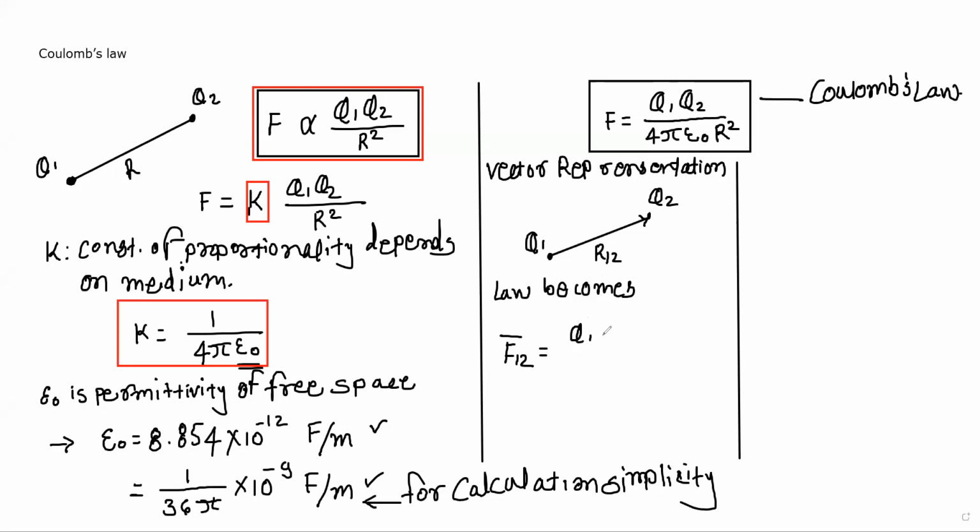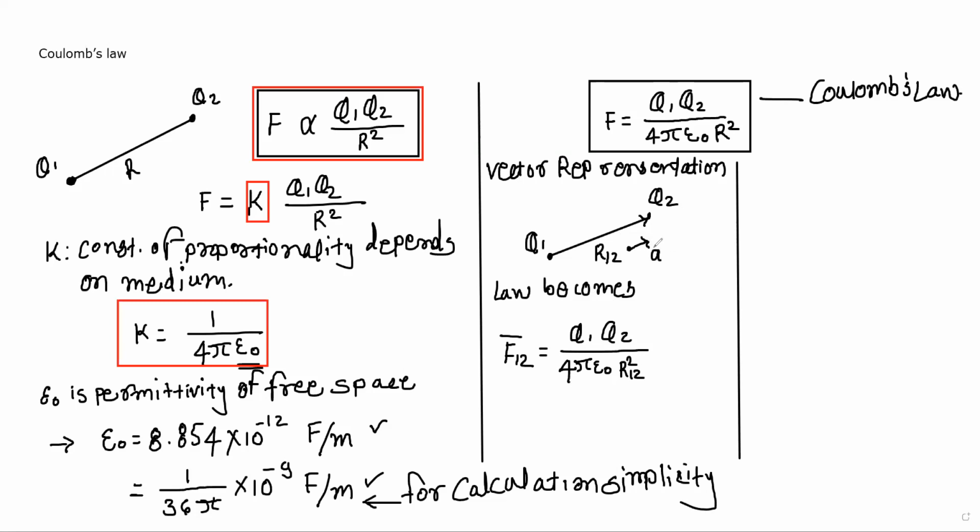This is equal to q1 q2 as it is, divided by 4 pi epsilon naught as it is. Here the distance would be r12 squared, into, now here we have to give the direction, the direction in which the vector is.